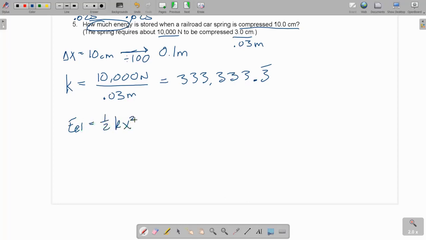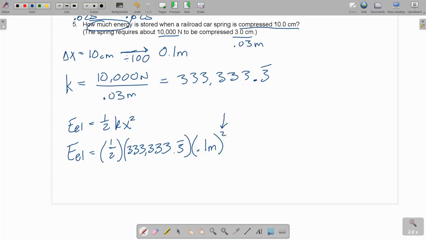1/2 times kx squared. So we'll do 1/2 times our spring constant of 333,333.3 repeating, times the stretch, which is 0.1 meters, and then that is squared.